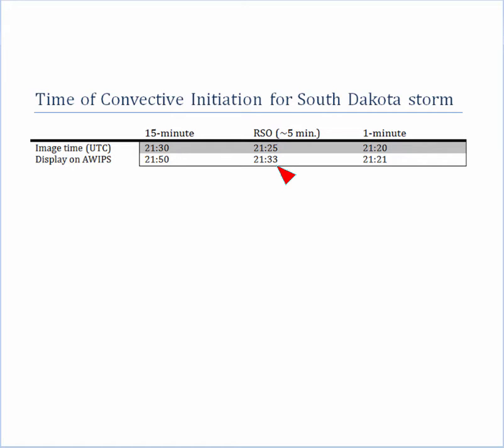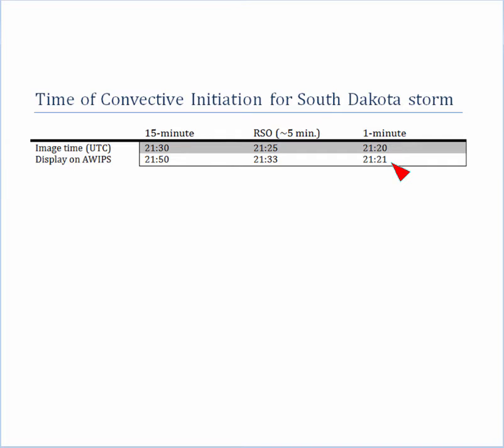And then finally over here in the 1 minute, this would be what would be available on GOES-R in the flex mode at 1 minute or even 30-second intervals. And our image time here would be 21:20, which is obviously the earliest of the others here, quite a big difference. But the really big game changer here is when you would see it on your AWIPS. The time delay is going to be approximately 1 minute.